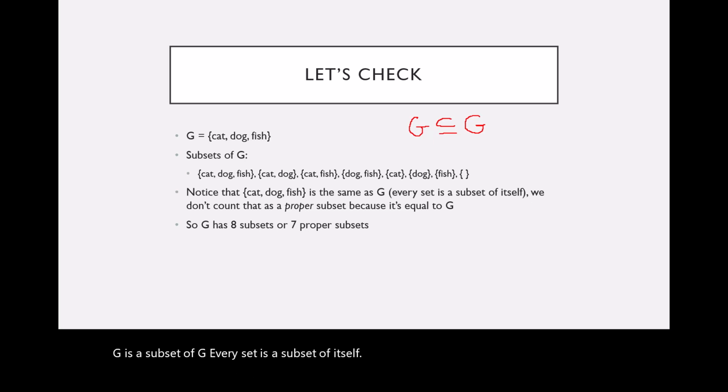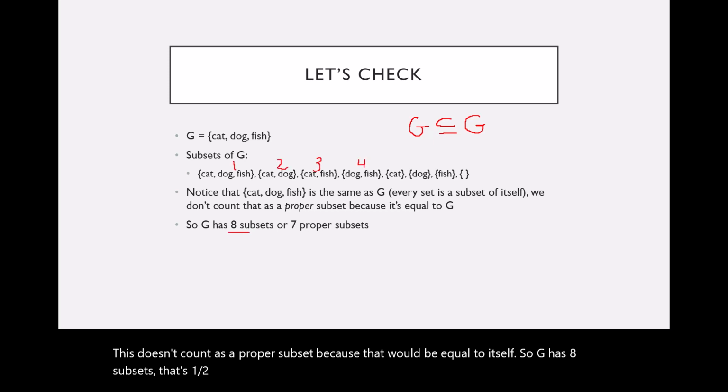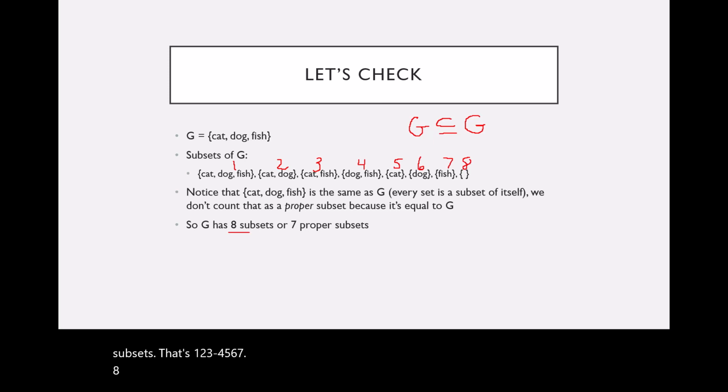This doesn't count as a proper subset because that would be equal to itself. So G has 8 subsets. That's 1, 2, 3, 4, 5, 6, 7, 8. Or if we're ignoring the original, it has 8 minus 1, 7 proper subsets.